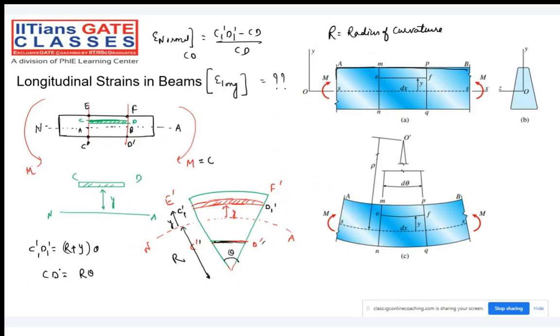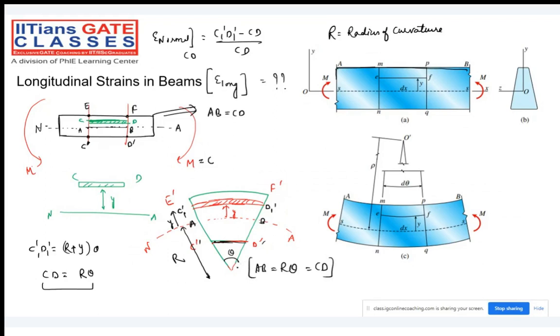Anyone know that? See, look at here. What is the AB? Before bending, AB was equal to CD. So from here, what is the AB value? AB value is R into theta. When AB is R theta, then automatically CD will also be R into theta.